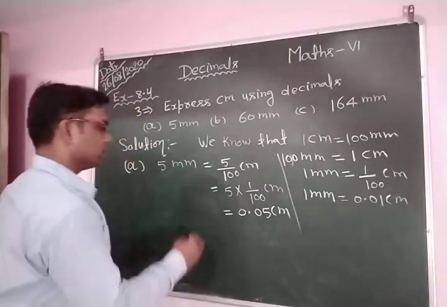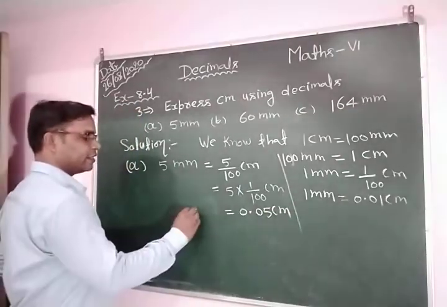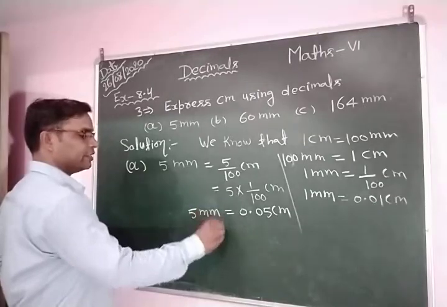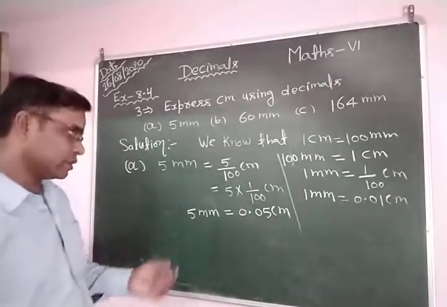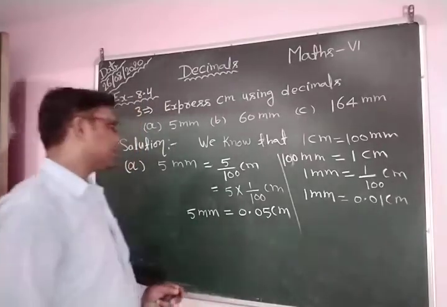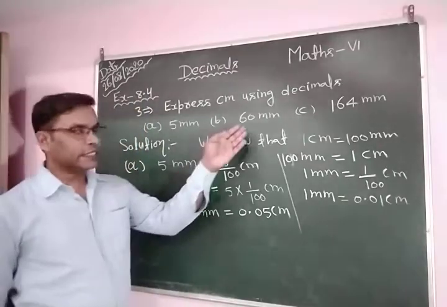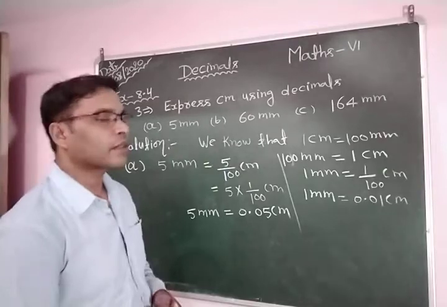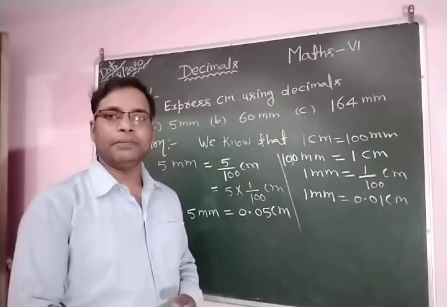So 5 millimeter is equal to 0.05 centimeters. And now you can see part B is given as 60 millimeters.